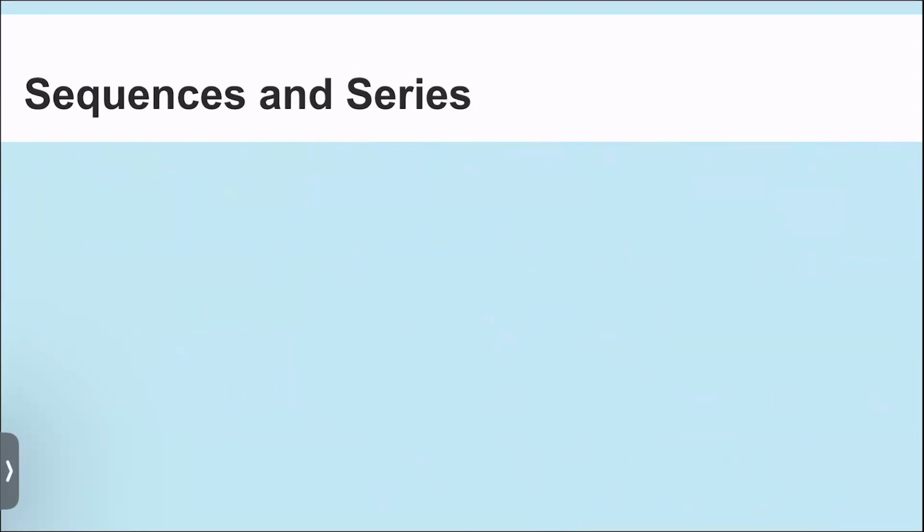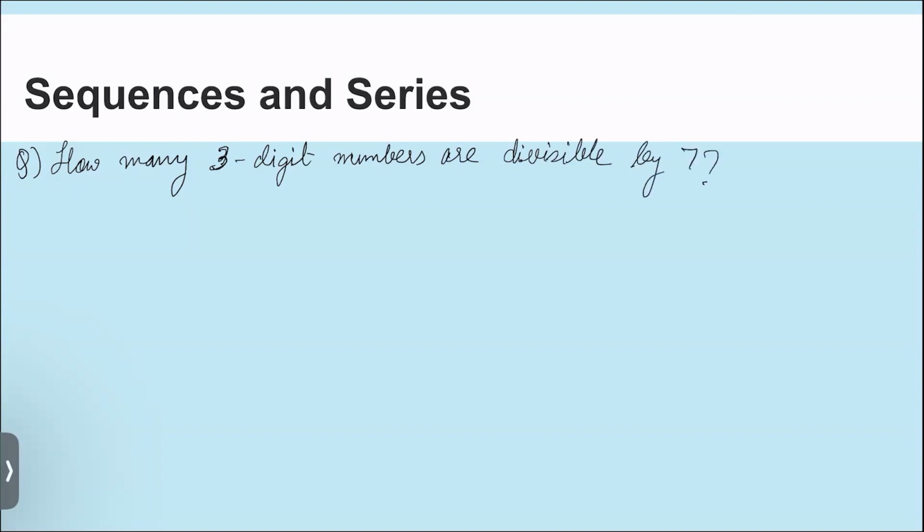So let's take a few more examples. Okay. So suppose we are being asked how many three-digit numbers are divisible by 7. Okay, so suppose you are asked to find the total number of three-digit numbers that are divisible by 7.